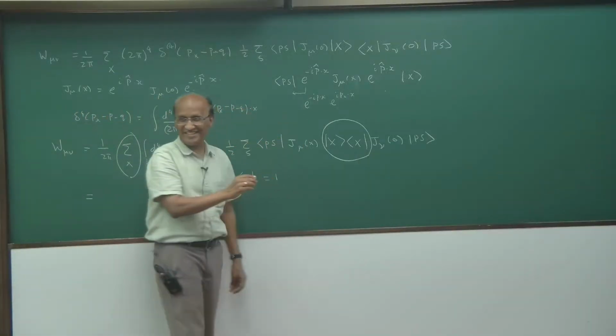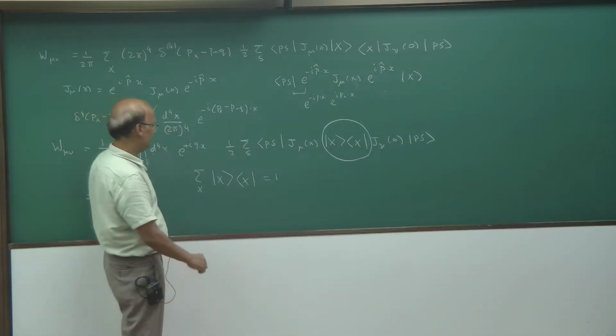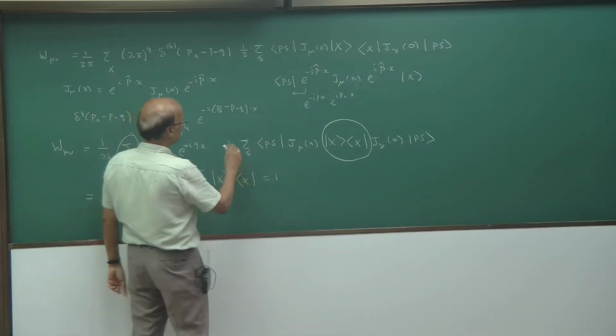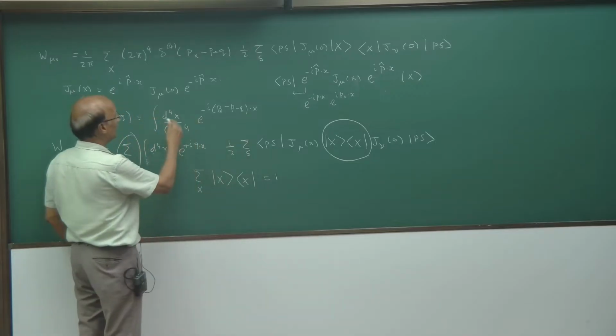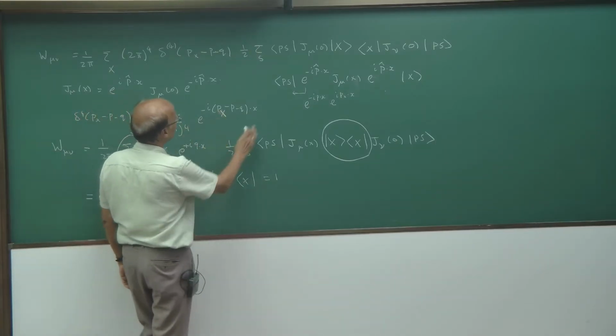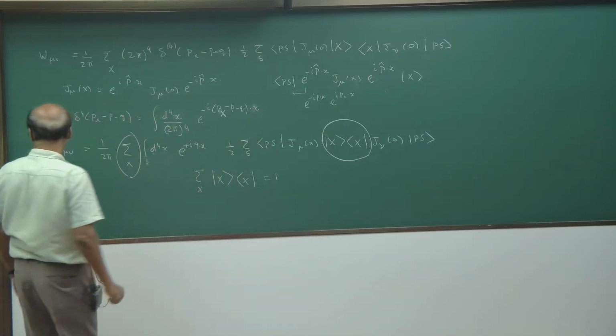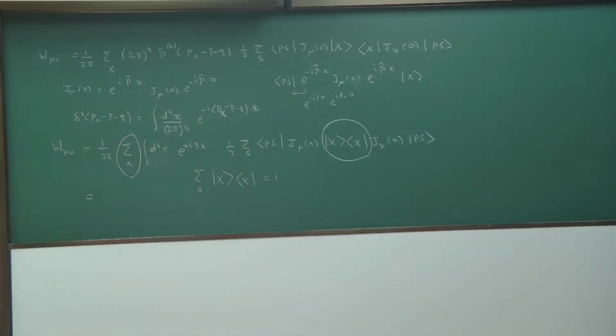I said this x and capital X are different. I said that. Probably I chose a wrong notation. This x is small x, this is capital X. You can put psi if you like. So maybe if it confuses you, I can just write it down.